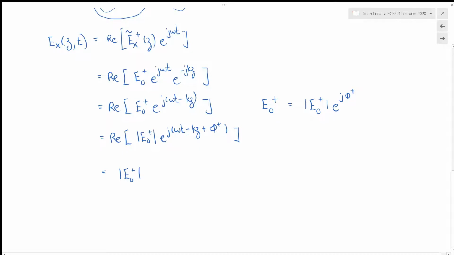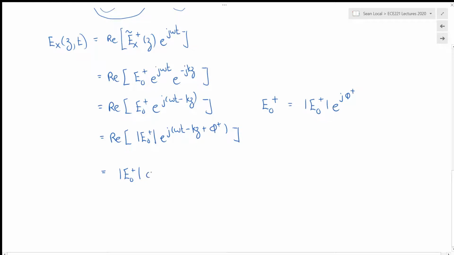And then when we take the real part of the e to the j omega t minus kz plus phi plus term, we realize that through Euler's identity, this would turn into cosine of omega t minus kz plus phi plus, plus j sine omega t minus kz plus phi plus. And we don't care about the imaginary part, we're only keeping the real part here.